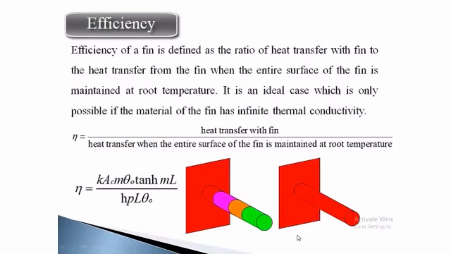Now another term is efficiency. When you talk about fins, apart from effectiveness, another term used is efficiency. It's defined like this.